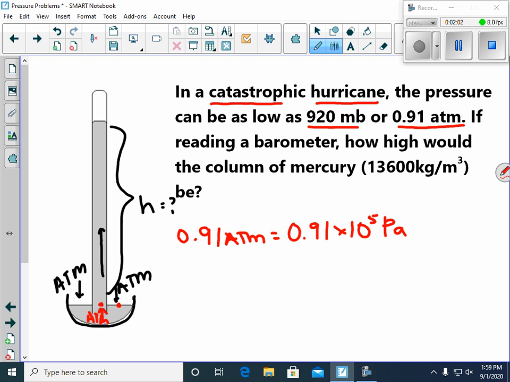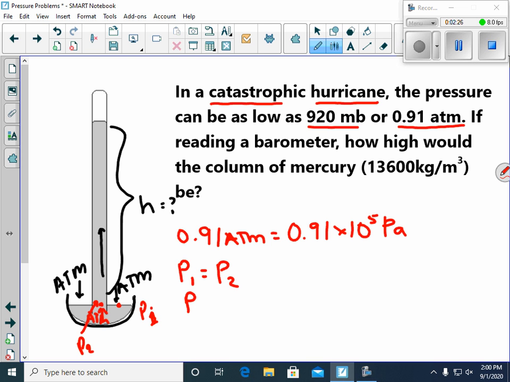So it's just in an equilibrium. So atmosphere pushing down is atmosphere going up, and we can say that the pressure here at point 1 is going to be the same as the pressure here at point 2. So P1 is equal to P2.